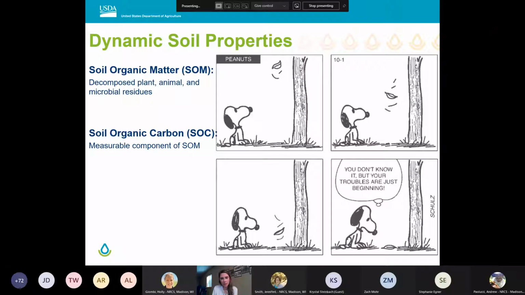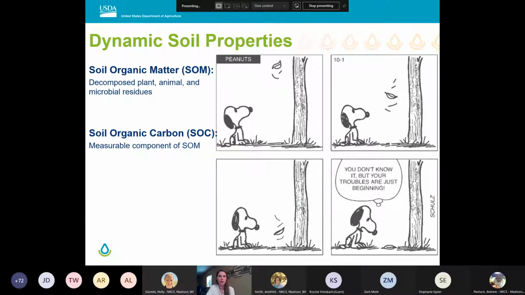And organic matter is the decomposed plant, animal, and microbial residues. It's usually expressed as a percentage by weight in the fine earth fraction of soil. So back to that textural triangle, anything less than that fits in that triangle. And it's different than total organic carbon in that it includes hydrogen, oxygen, nitrogen, and other elements. And it's about 58% carbon.